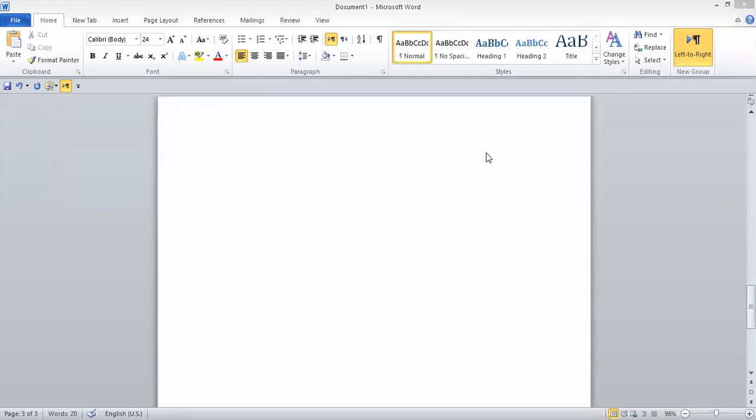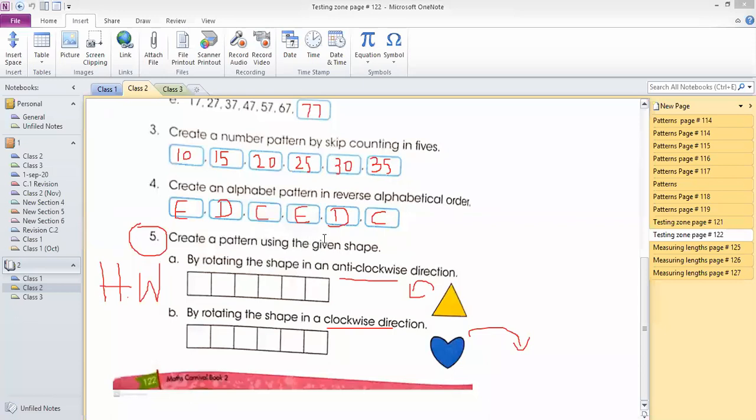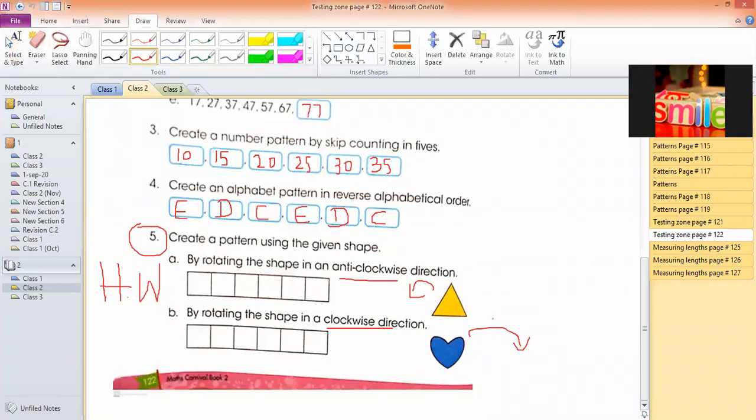Guys, in question number 5, I come here to the book. You can see, create a pattern using the given shape. Here, the shape is a triangle, and you have to rotate the shape anti-clockwise.